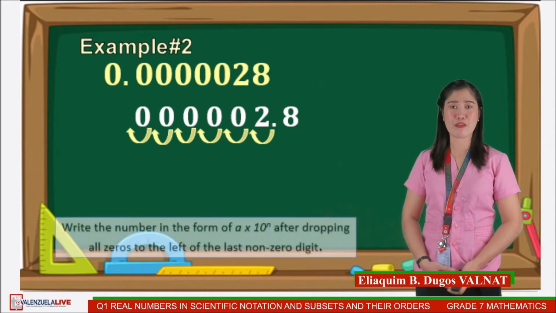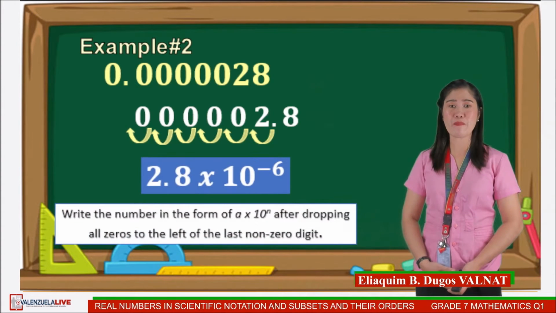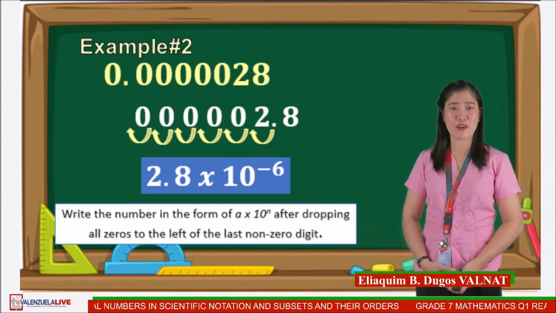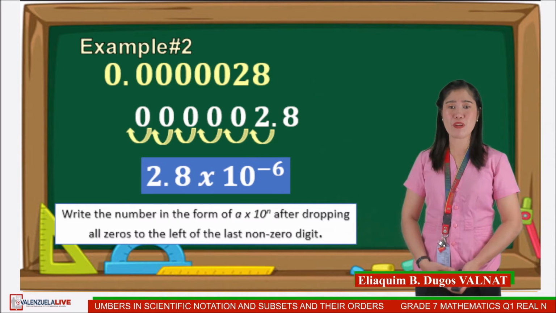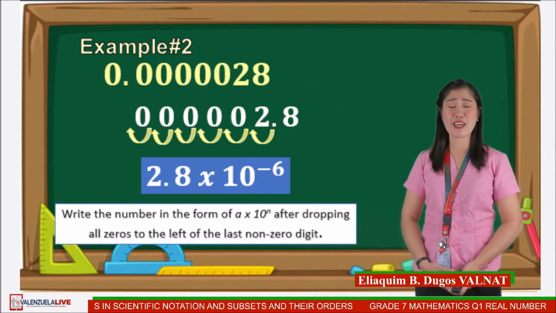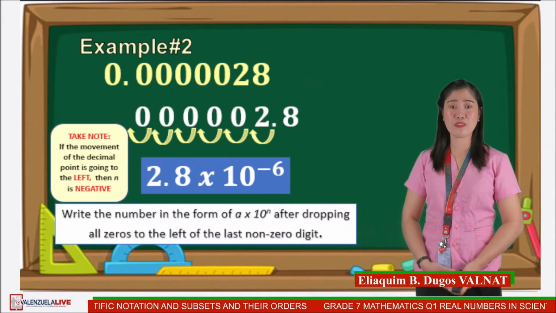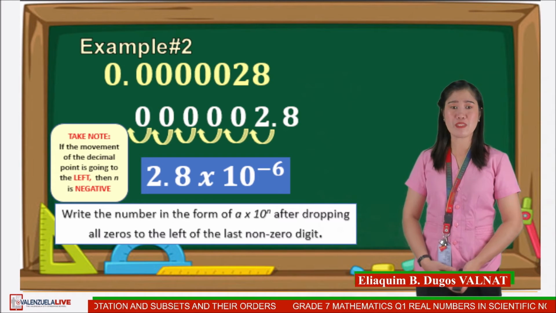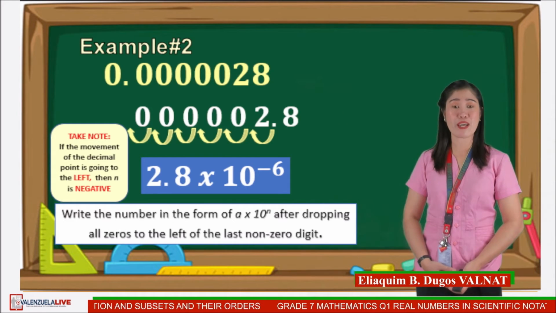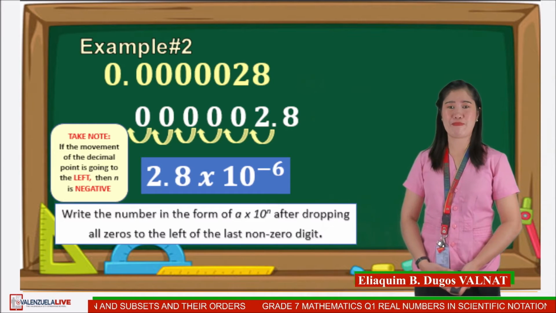And last, you're going to write the number in the form of a times 10 raised to n after dropping all zeros to the left of the last non-zero digit. And the answer is 2.8 times 10 raised to negative 6. Take note, if the movement of the decimal point is going to the left, the exponent is negative.